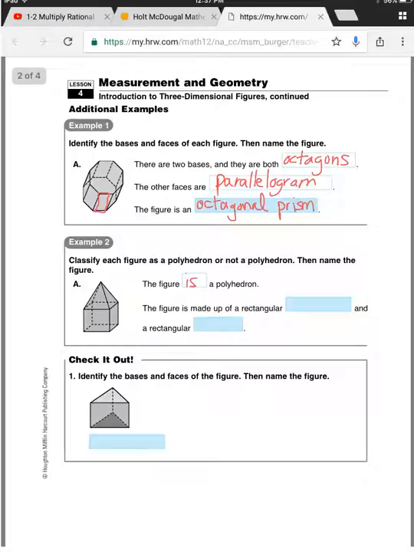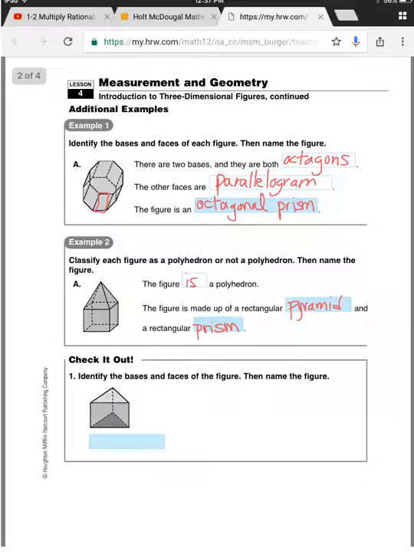It's made up of a rectangular pyramid and a rectangular prism. Okay? And you know that because the faces of the rectangular prism are rectangles, and that is the base of where all the triangles come up and meet in one point, so that's a pyramid.